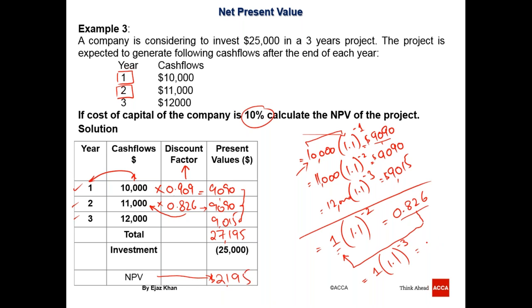May I know the present value of $1 to be received in 3 years' time? 0.751. So for the third year, the discount factor should be 0.751. Now, if we multiply 12,000 by 0.751, it will approximately give me the same value as 9015.